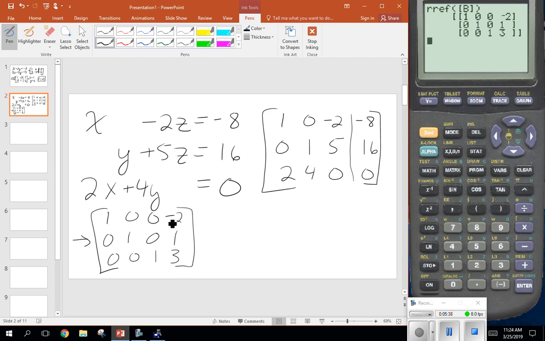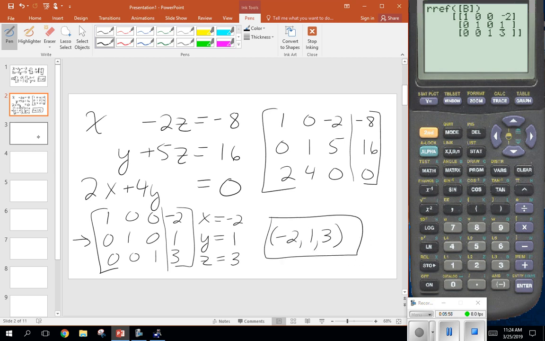Again, those are the coefficients of the variables. So x equals -2, y equals 1, and z equals 3. Putting this in as an ordered triple, there's our solution.